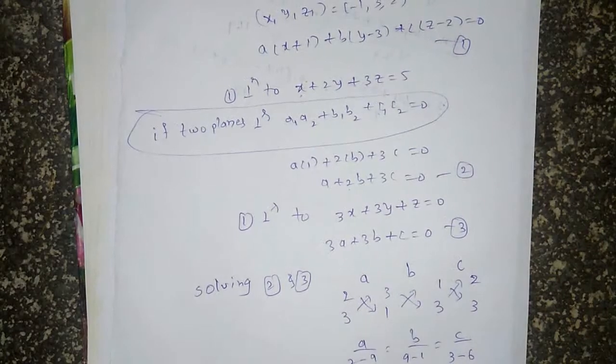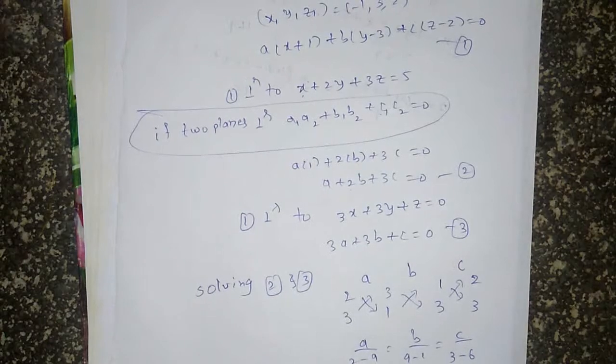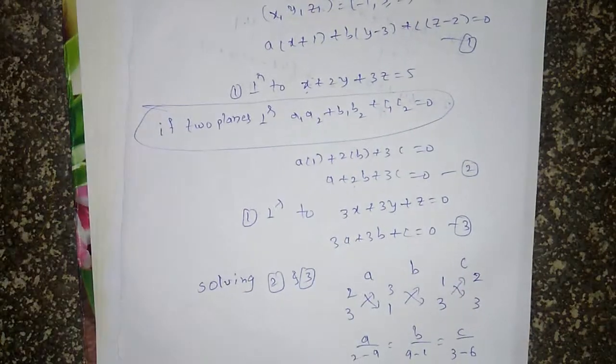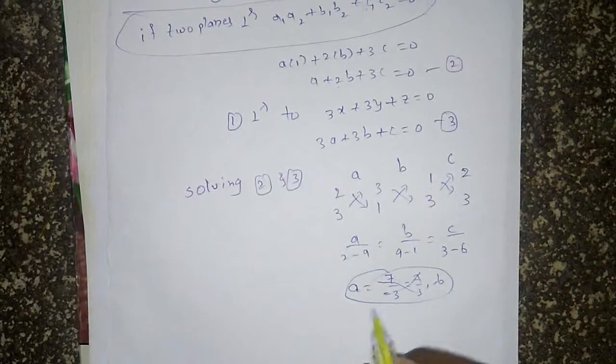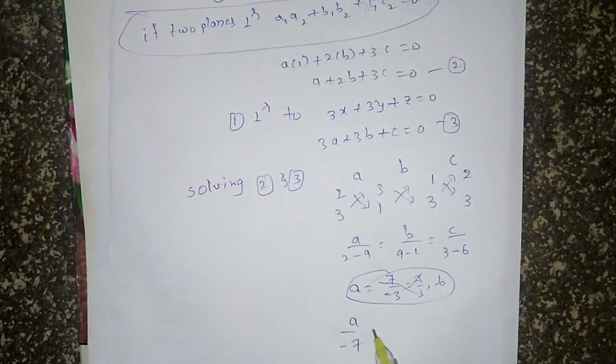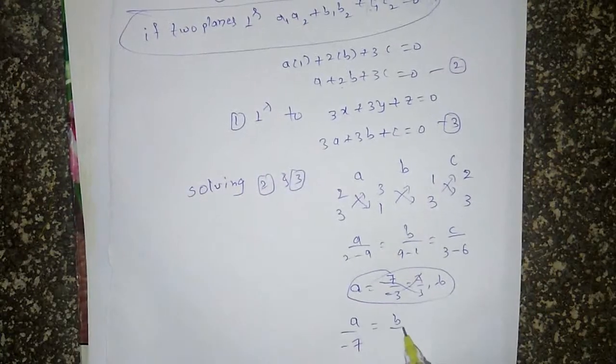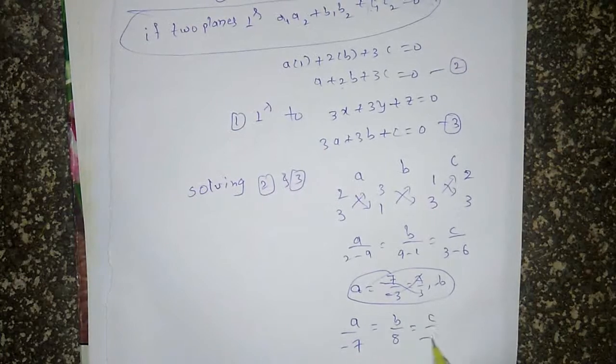A is equal to minus 7 by minus 3, that is 7 by 3. So these are DRs, that is A by minus 7 is equal to B by 8 is equal to C by minus 3.